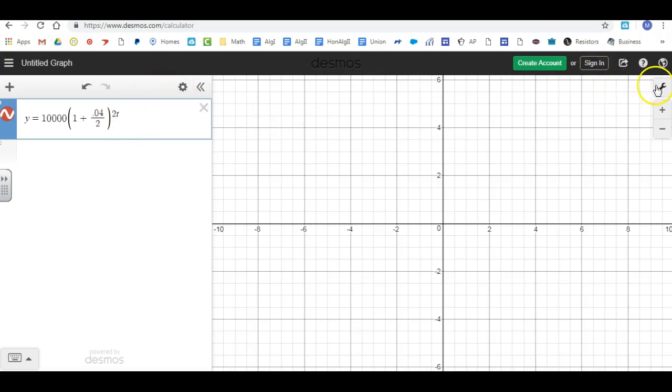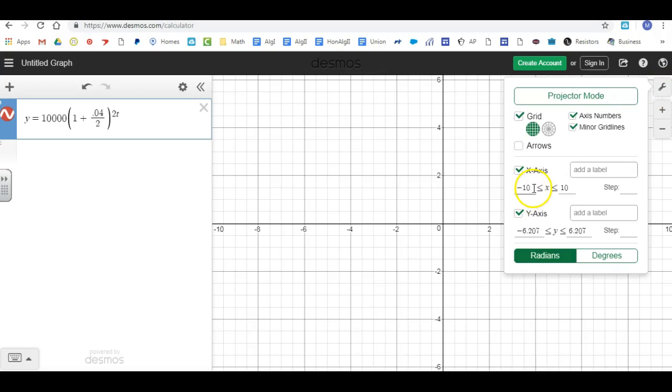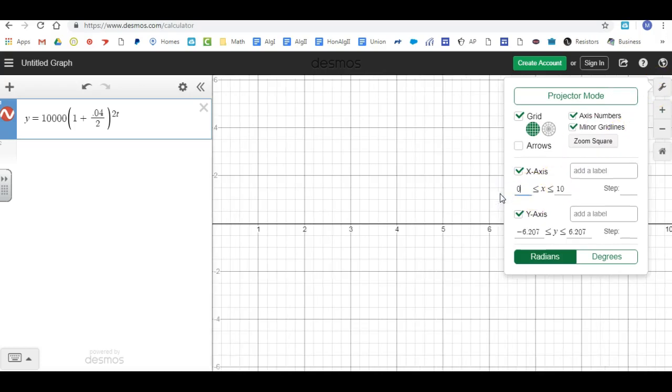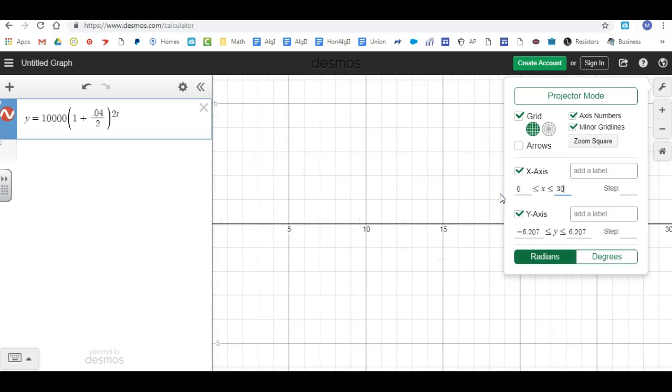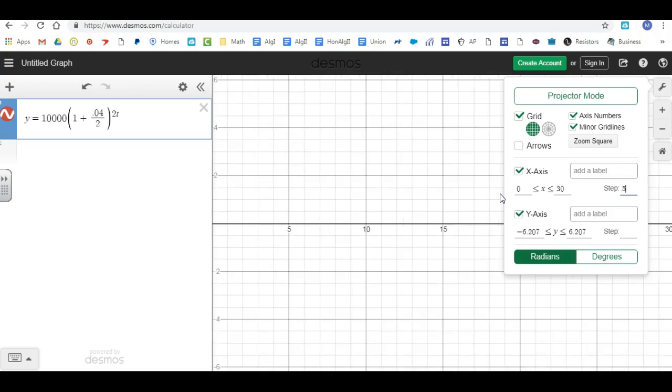If I want to show you what it looks like on a graph, I can hit the little wrench up top right, which tells me my graph settings. I'm going to change my graph window to go from an x value of 0 to an x value of 30, counting by 5s. That would represent our x values of 0 to 30 years, counting every 5 years.